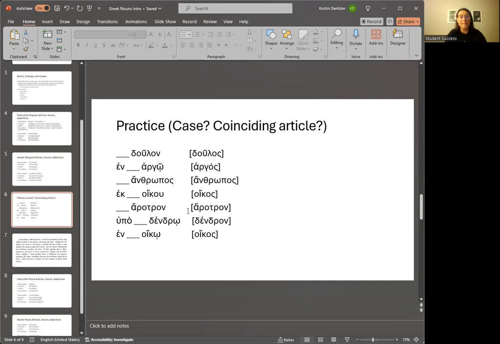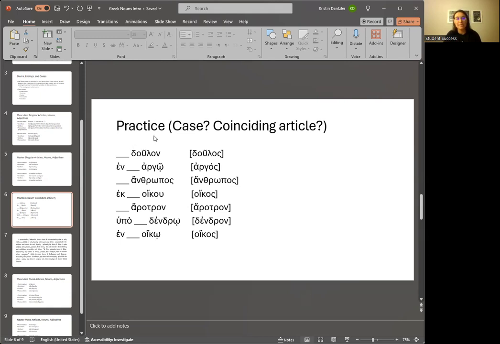So based on doulos, if that is the nominative singular, I want to know what gender that means this is. That'll help you determine what this is trying to say and what article goes here.